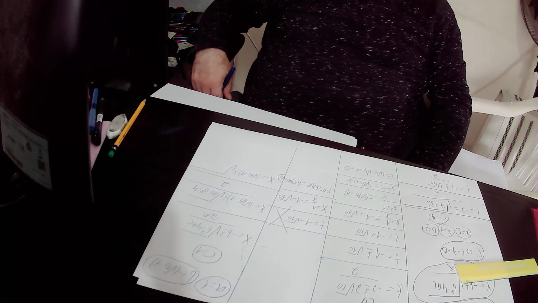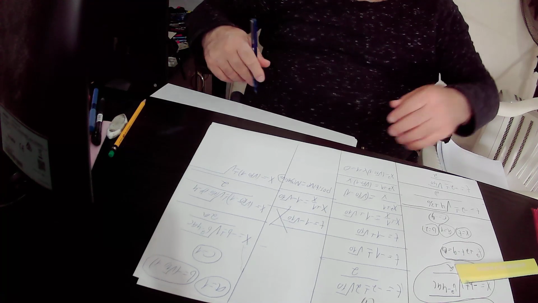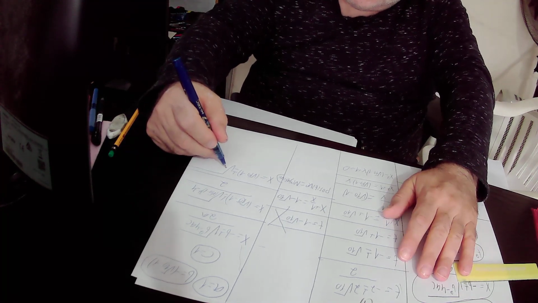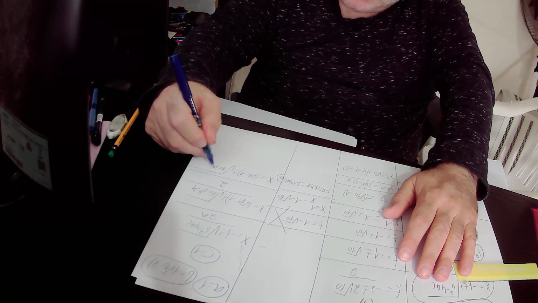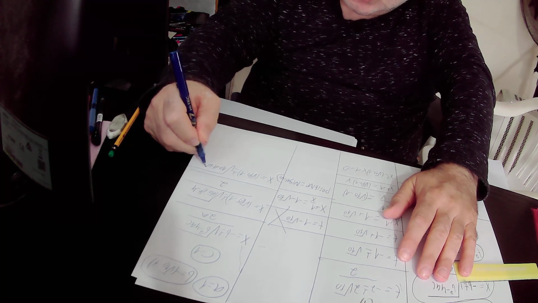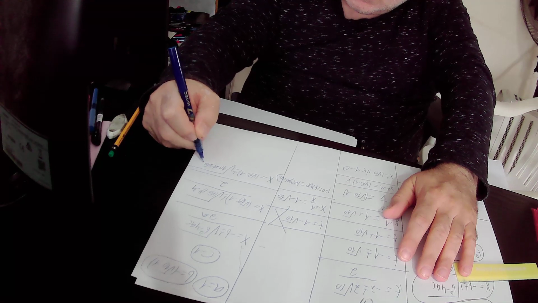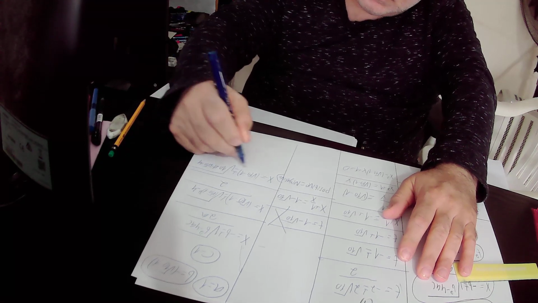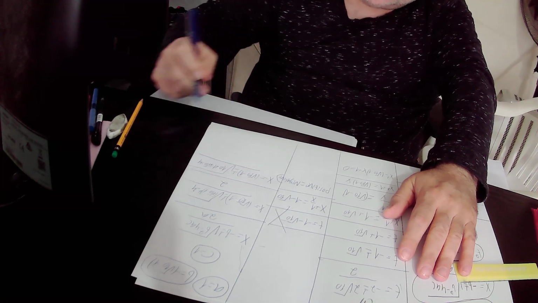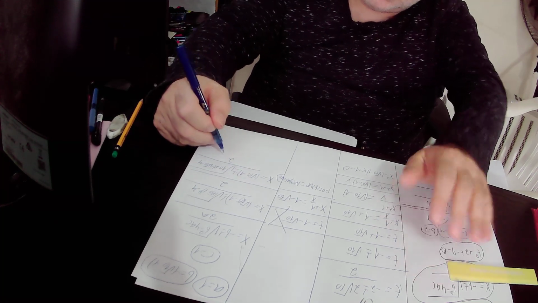So it will be equal to a squared, that is square root of 10 squared, that is 10, plus b squared, that is plus 1 squared, that is 1, minus 2 times square root of 10, minus 4, all divided by 2.